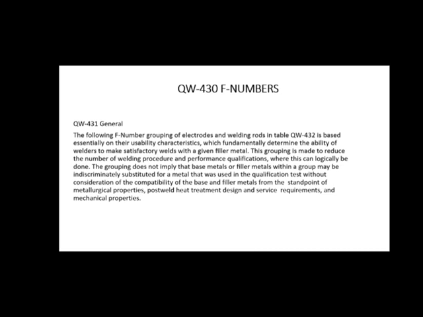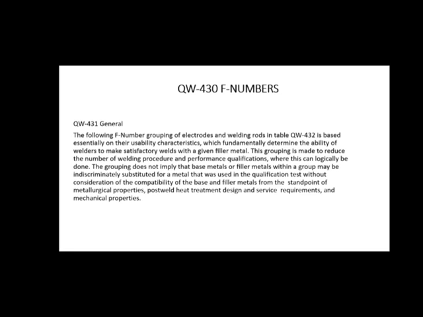QW-430, F numbers. The following F number groupings of electrodes and welding rods in table QW-432 is based essentially on their usability characteristics, which fundamentally determine the ability of welders to make satisfactory welds with a given filler metal. This grouping is made to reduce the number of welding procedure and performance qualifications where this can be logically done.